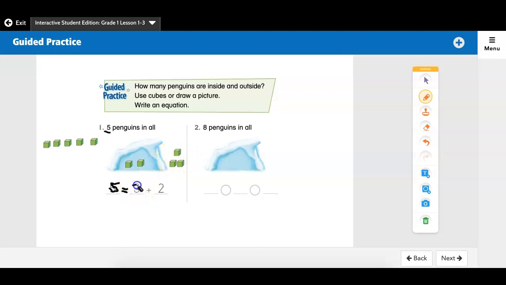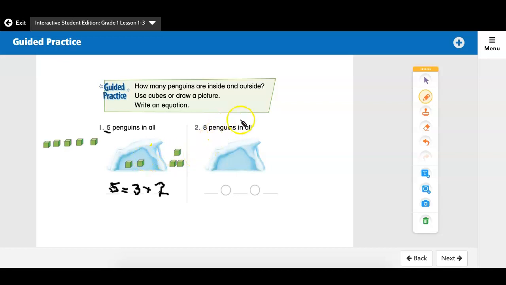So I'm going to write 3. Plus 2. 2 represents the number of penguins inside of the cave.